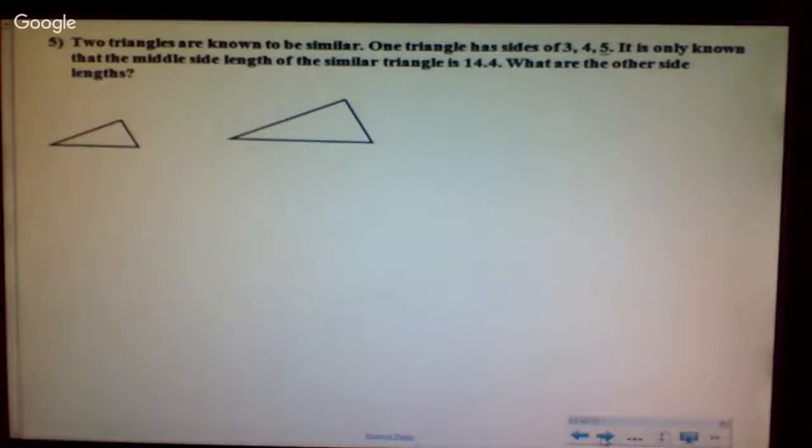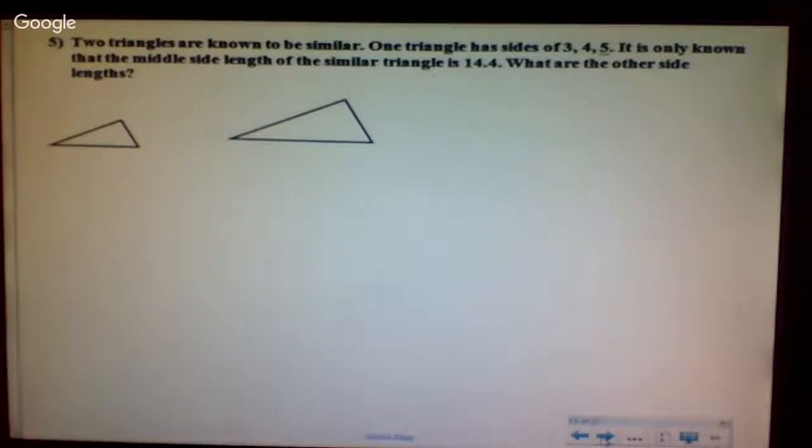Okay. Two triangles are known to be similar. One triangle has sides of 3, 4, and 5. It's only known that the middle side length of the similar triangle is 14.4. We need to find the other two sides of the triangle.